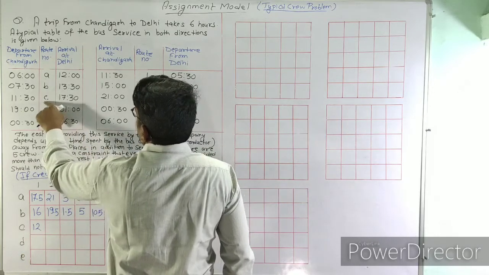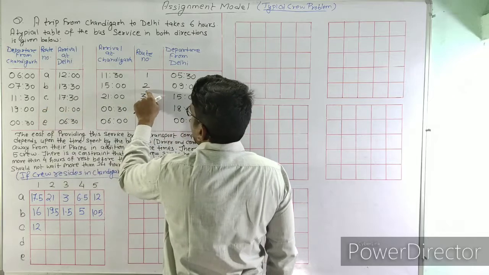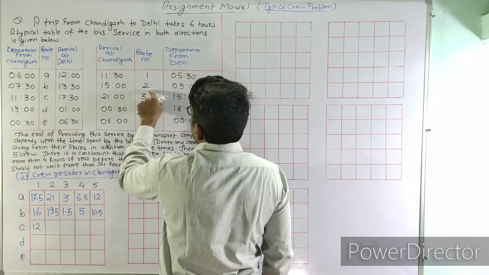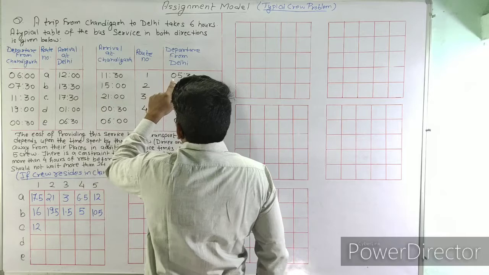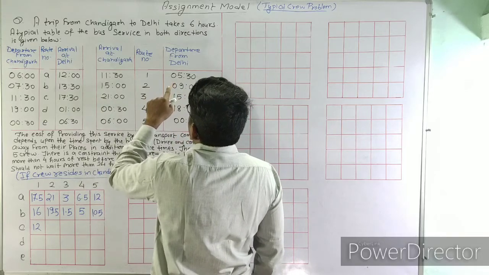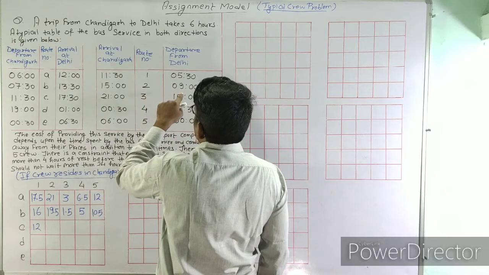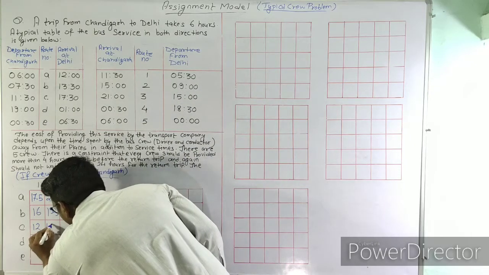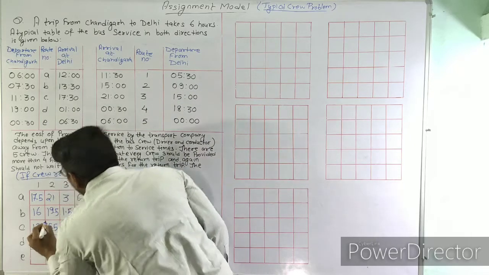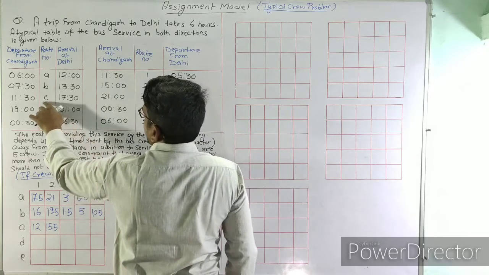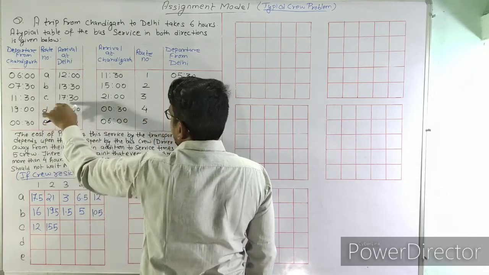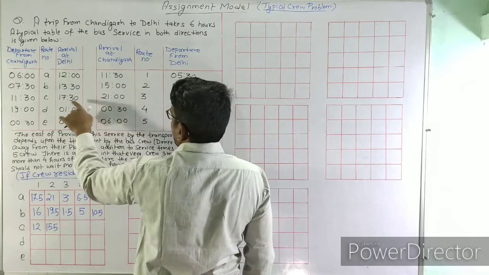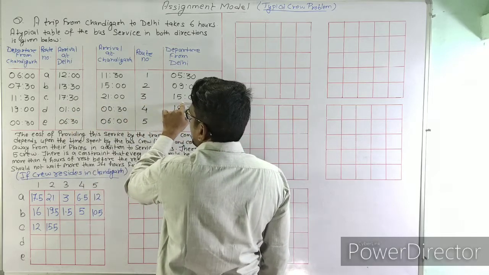Similarly, if crew arrives from route C and departs from route 2, then this is 12 plus 3, 15.5. So this is 15.5 hours. If a crew arrives from route C and departs from route 3, so we'll see the difference between these two.